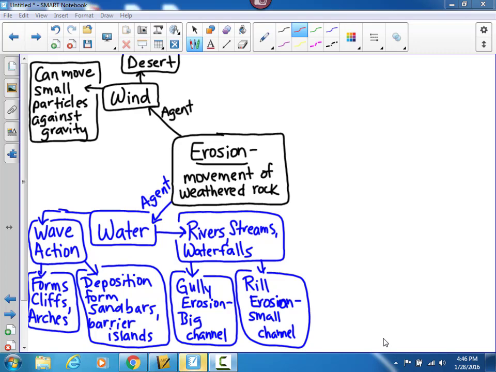Okay, there are two other agents of erosion, two other things that can cause erosion. This next one is pretty simple. Gravity, all by itself, can cause erosion because rocks that are in high places tend to fall.